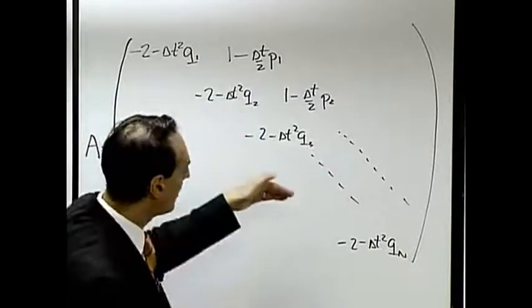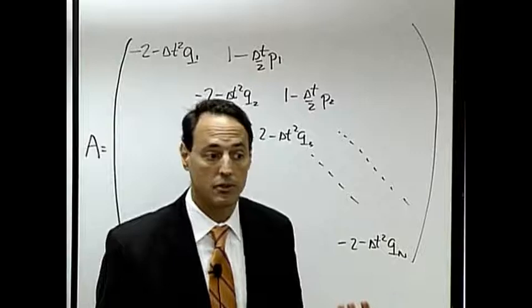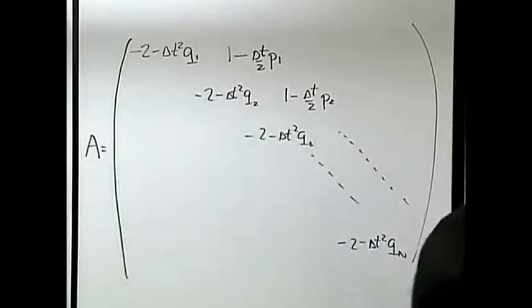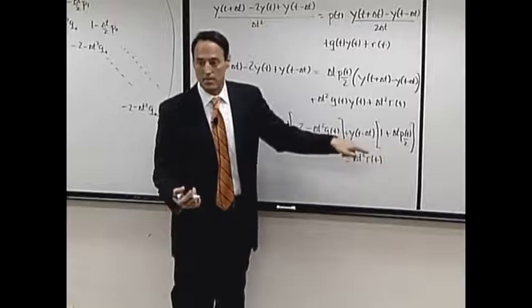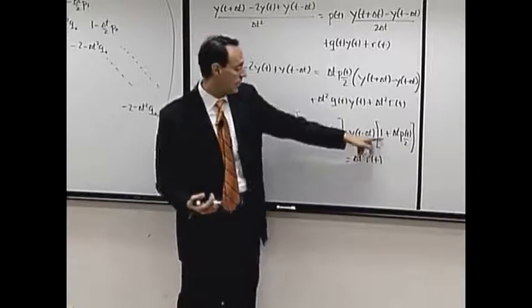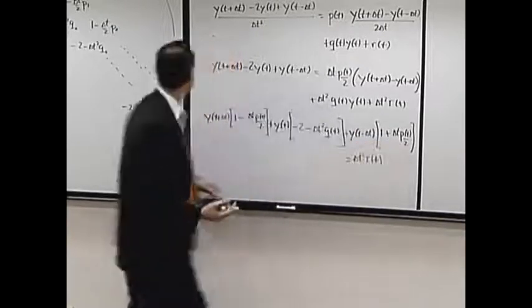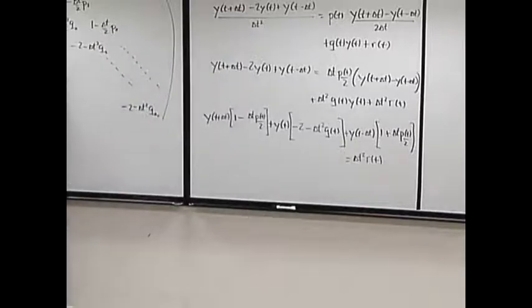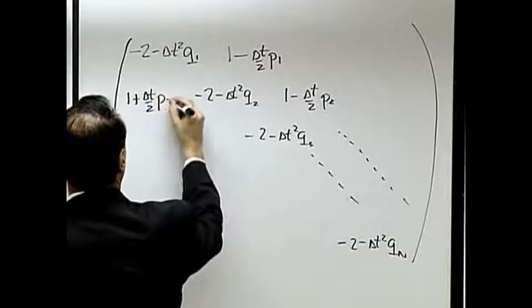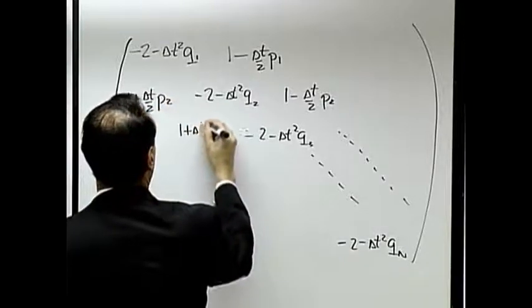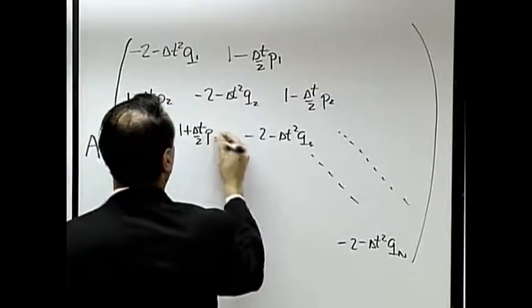Now, if I'm somewhere down here, let's think about, say I'm at the point y of 2. Y of 2 cares about y3 and y1. The other neighbor has a weight 1 plus delta t. Okay? So here you have 1 plus delta t over 2, p of 2. 1 plus delta t over 2, p of 3.